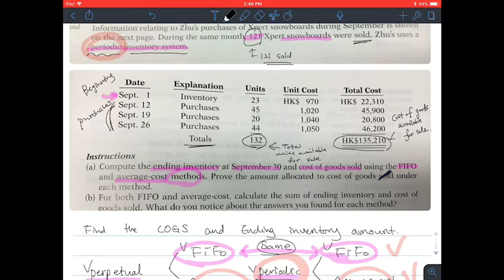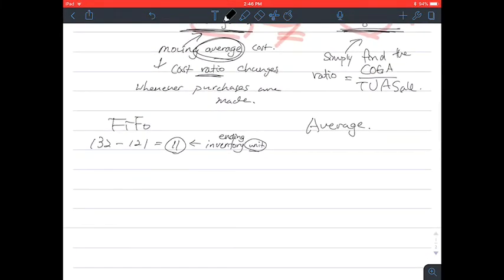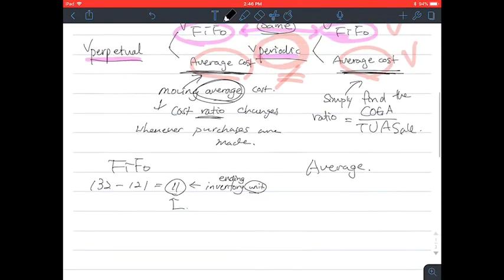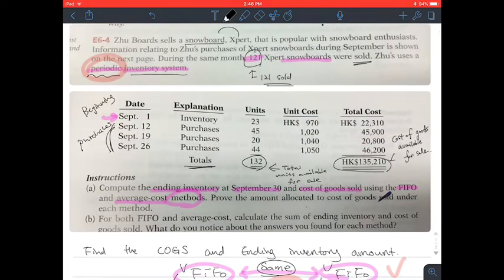So this 11, because we are using the first-in first-out method, we are going to eliminate inventory on a time basis. So the beginning inventory will be used first. So these are out, and these are all sold. And the ending inventory will cost at $1,050.